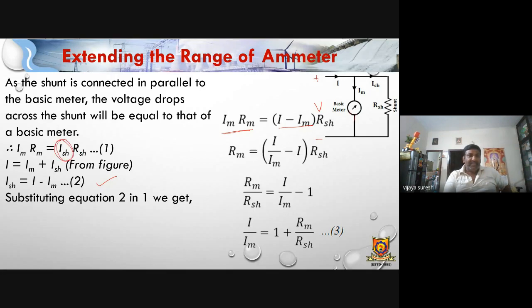Instead of ISH, we are representing I minus Im, so that value is substituted in this equation. So Im Rm equals I minus Im, into RSH as usual.